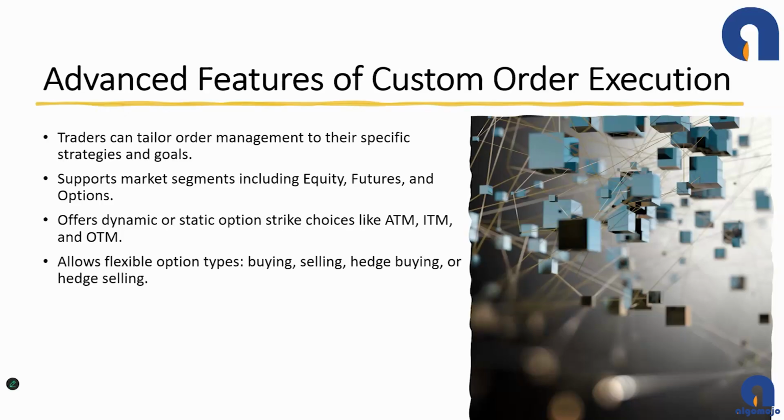So this platform can help you not only in terms of buying. If you want to write options, that's also possible. You can hedge your main trades either by buying an option or even by selling an option. So hedging is also possible through the platform.